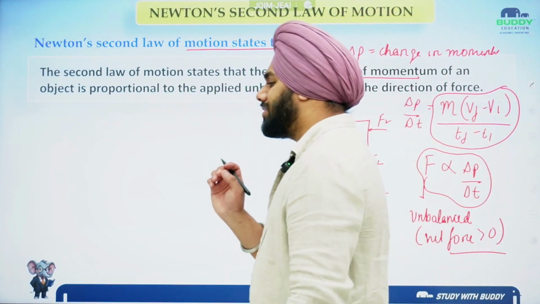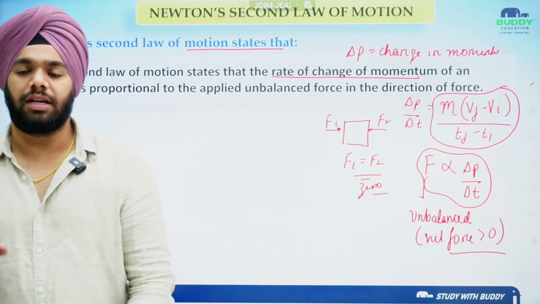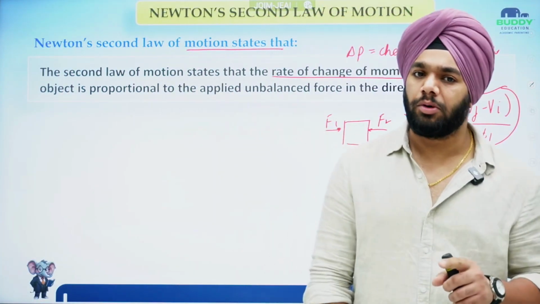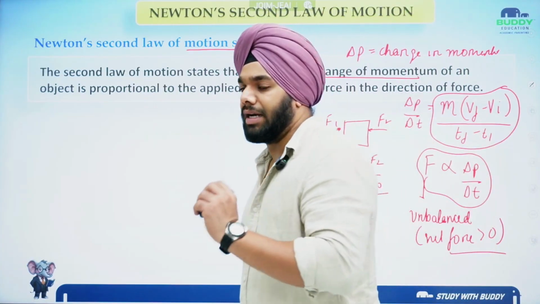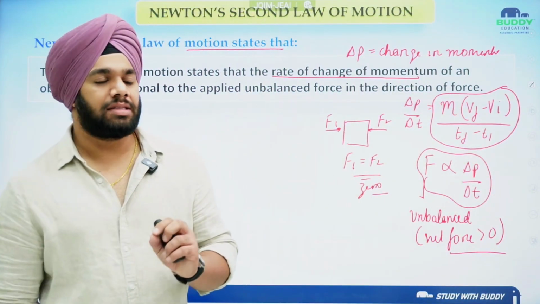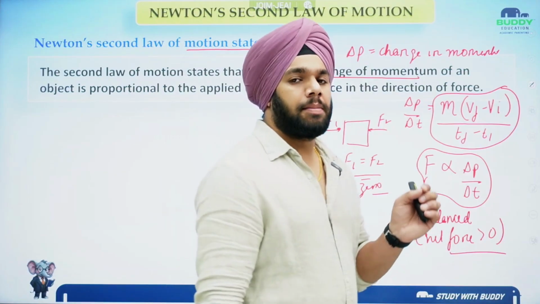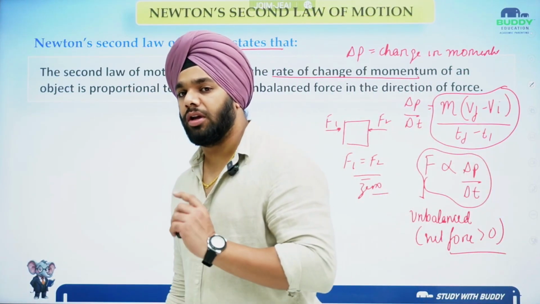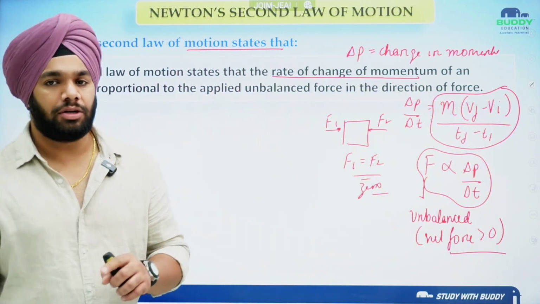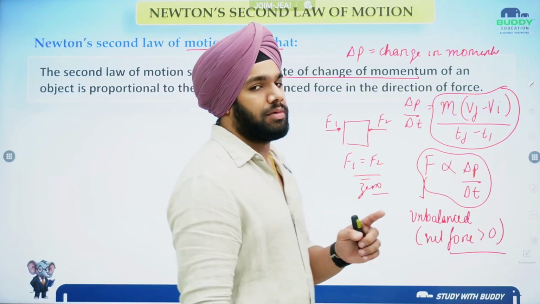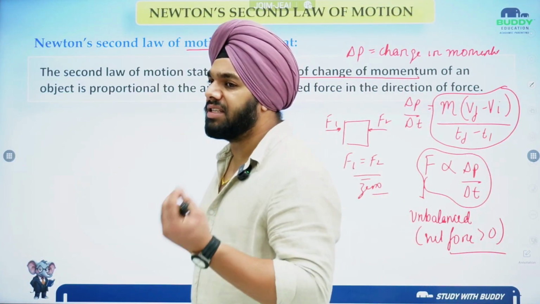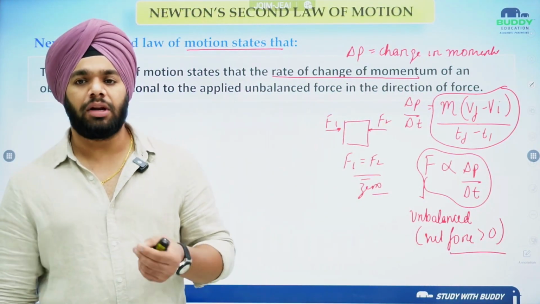Okay. So the second law of motion states that the rate of change of momentum... change in momentum is what? Delta P, that is mass into final velocity minus mass into initial velocity. But here we are not talking about the change in momentum, we are talking about the rate of change of momentum. So rate of change of momentum is basically how much momentum is changing in a particular time interval.